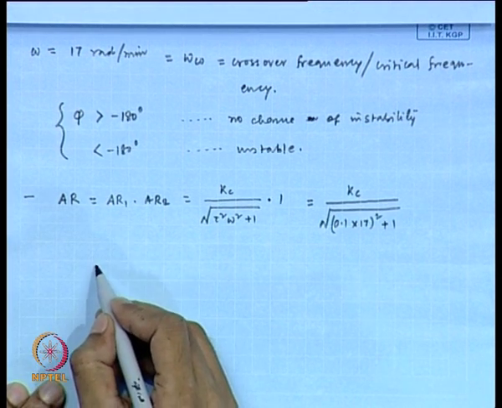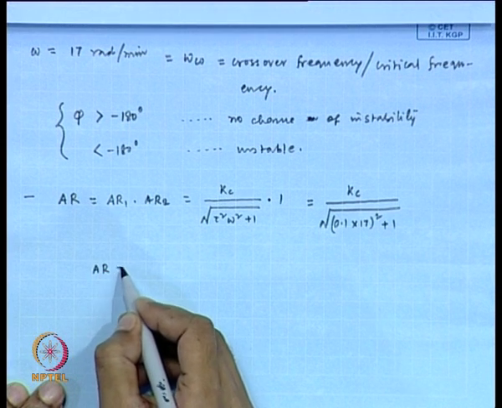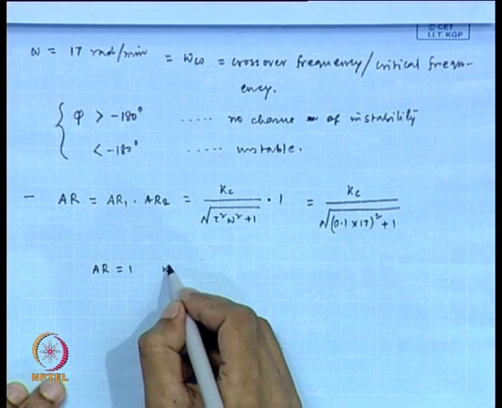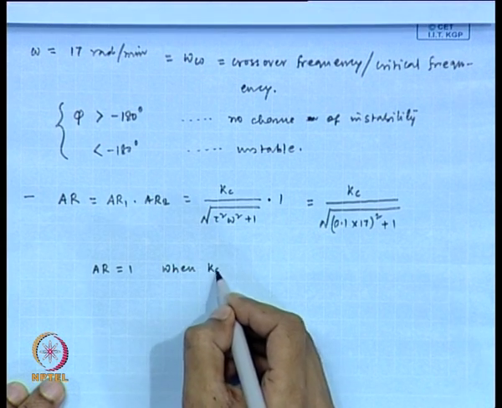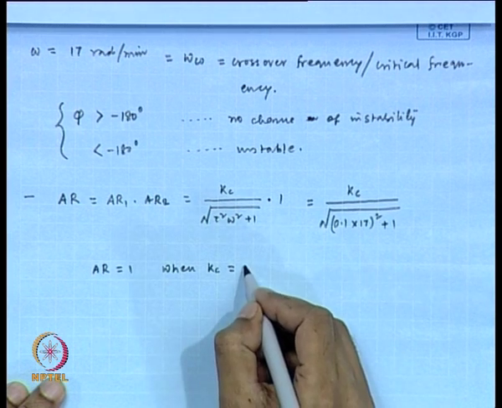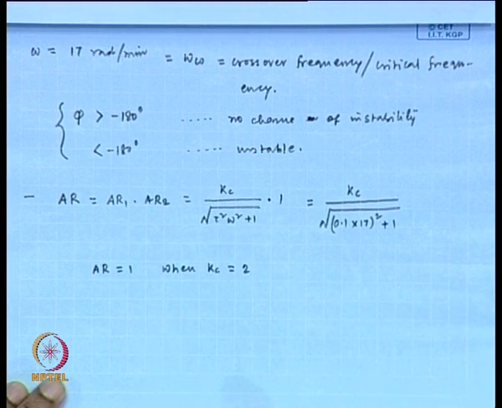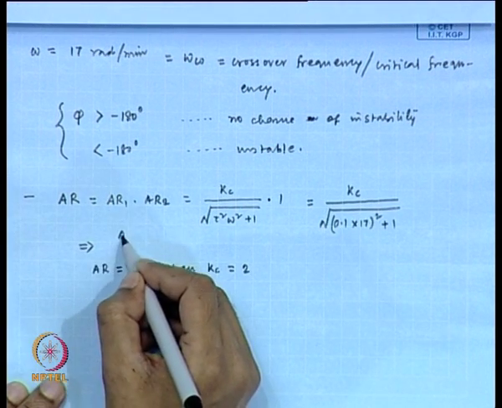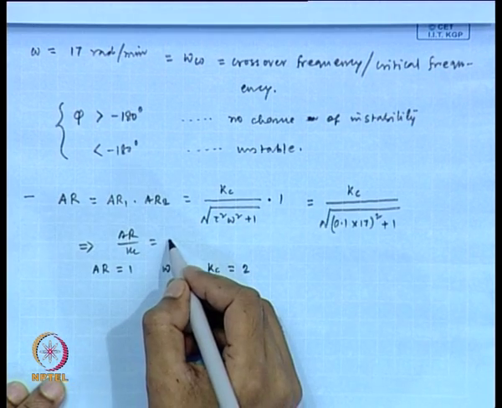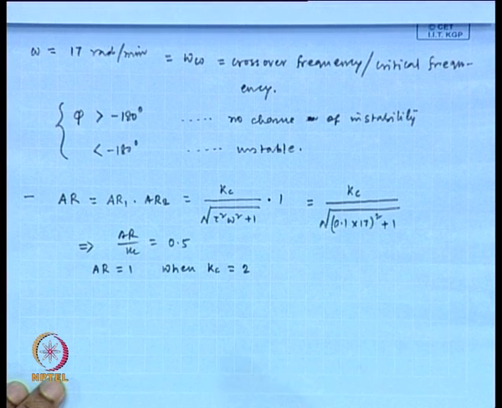Now, we obtain amplitude ratio equal to 1 when Kc equals 2. If we write this amplitude ratio by Kc, we obtain 0.5.